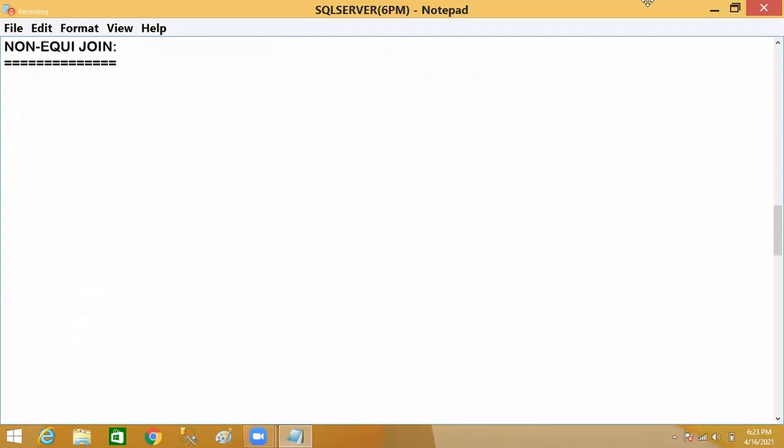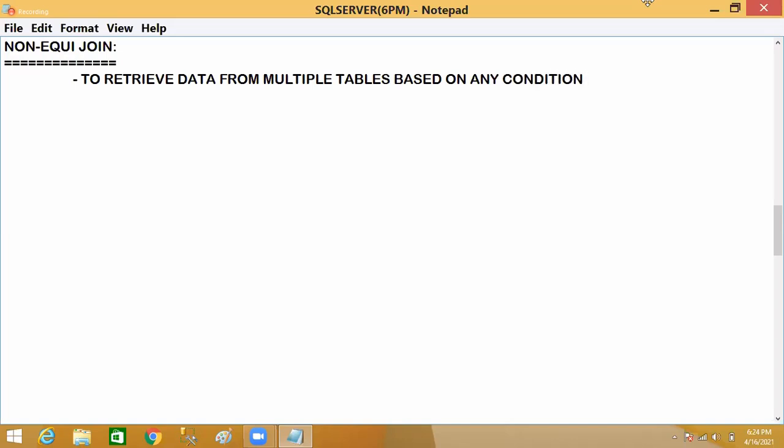Now, how is it defined? A non-equi join is used to retrieve data from multiple tables based on any condition except an equal operator condition.